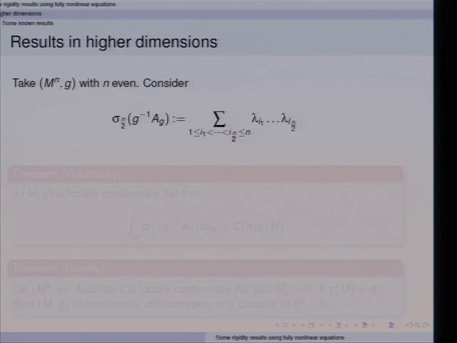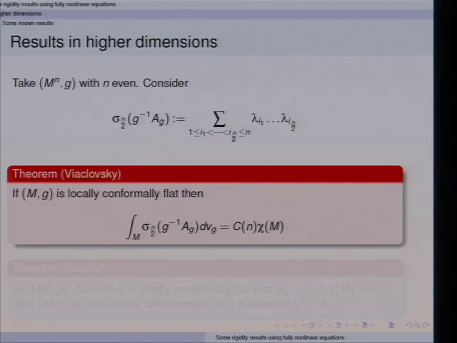So there is this result by Gursky saying that if you assume that your manifold is locally conformally flat, meaning the Weyl tensor is equal to 0 everywhere, then you have a relation between the integral of sigma_{n/2} and the Euler-Poincaré characteristic of your manifold.